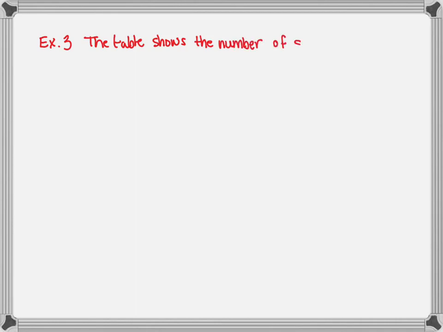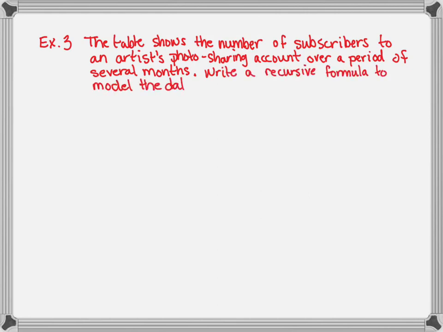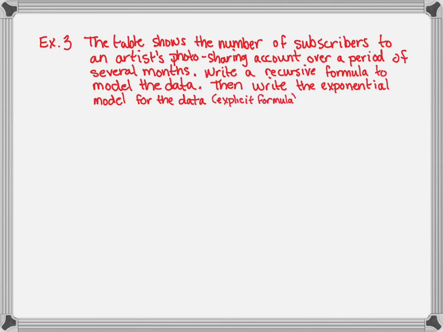Example 3. The table below shows the number of subscribers to an artist's photo sharing account over a period of several months. Write a recursive formula to model the data, and then write the explicit model or exponential model for the data. So our first row will contain months.